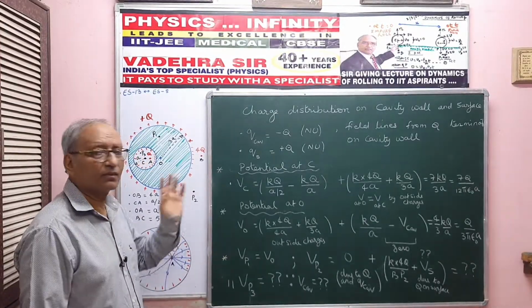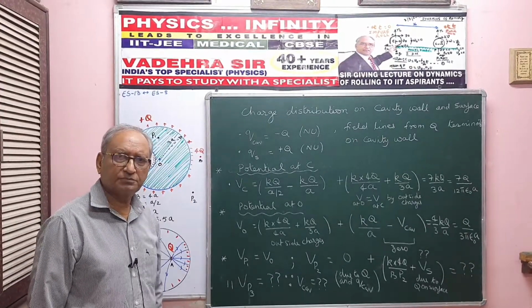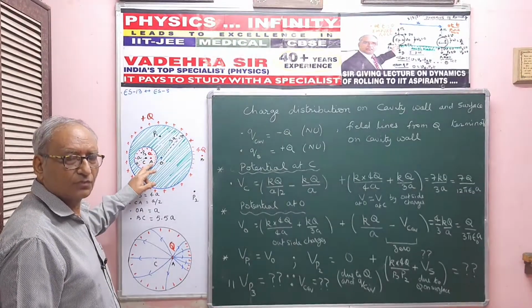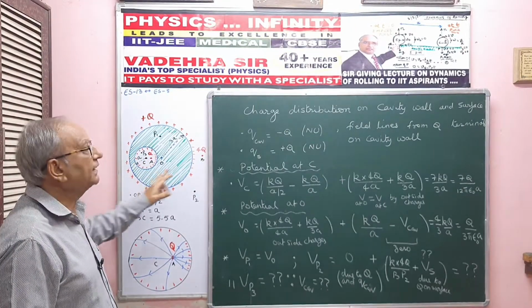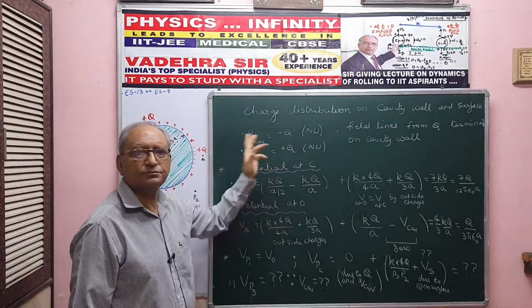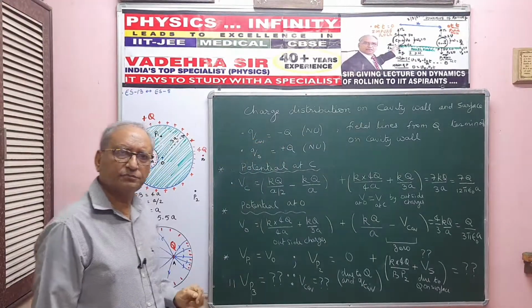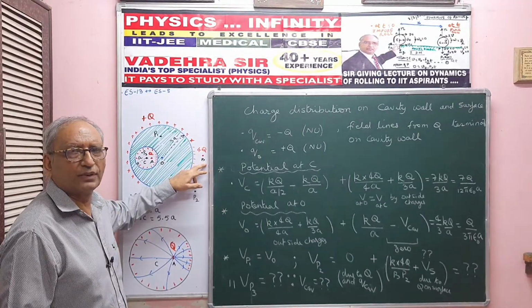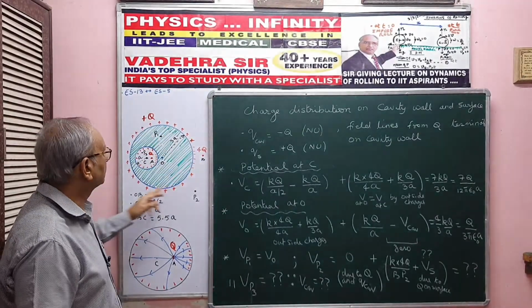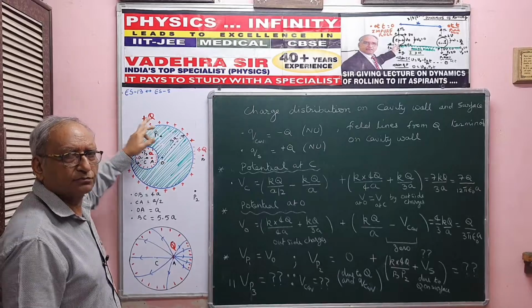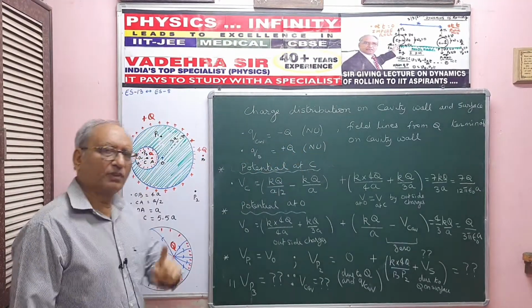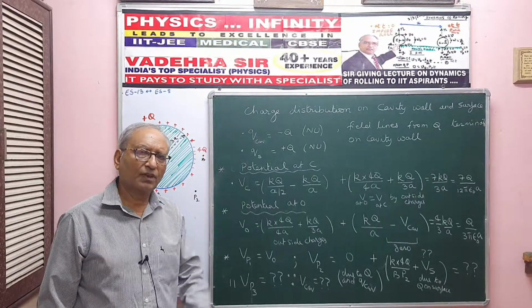We have four charges: Q lying at A, minus Q non-uniformly distributed on the cavity wall, point charge 4Q lying at B, and of course the plus Q on the surface of the conductor, which is non-uniformly distributed.